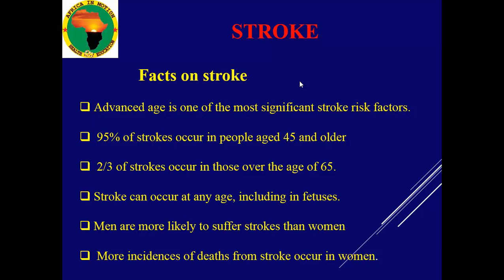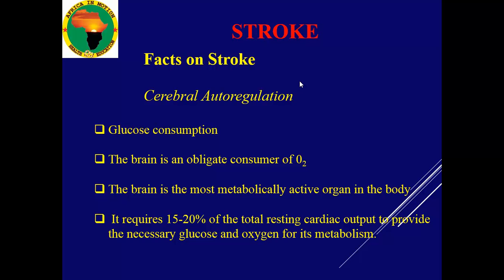Stroke can occur at any age, including fetuses, the baby, as long as there is malformation in the brain, in the vessels, it can also result in what? In a stroke. Men are more likely to suffer strokes than women, while more deaths from stroke occur in women. We need to study the causes behind.